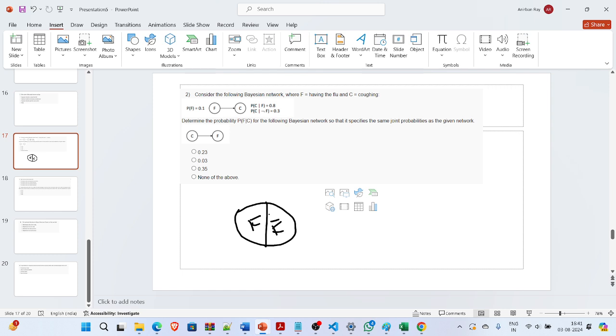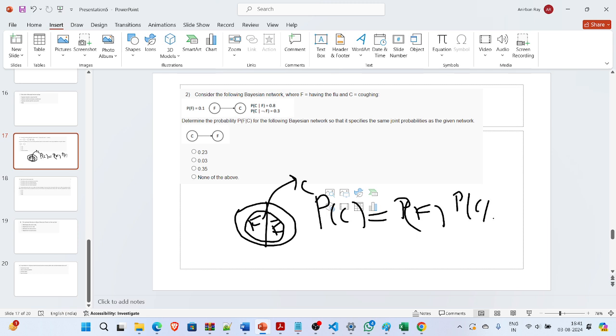So over that we have C here, the inner circle, the occurrence of C. The total probability of C can be defined as the probability of F, and then the probability of C given F, plus the probability of F not occurred and the probability of C given F not occurred.